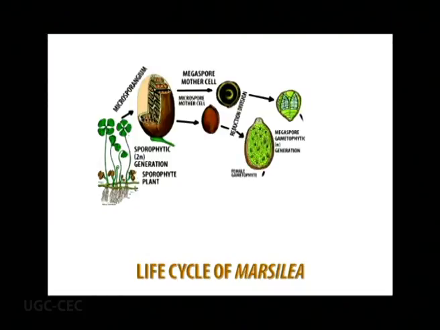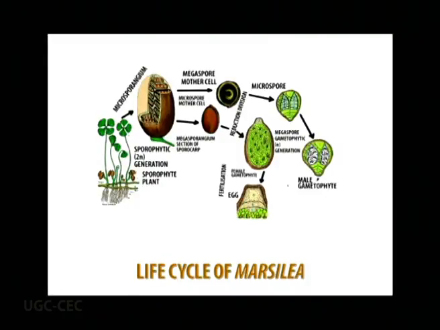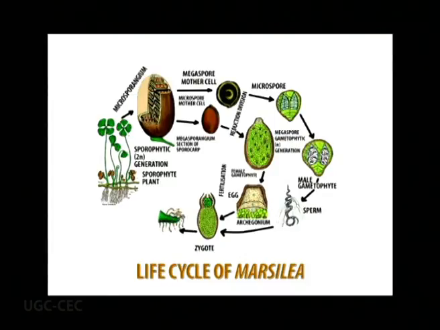They bear antheridia and archegonia, which produce antherozoids and eggs respectively. The fertilization of male and female gametes gives rise to the embryo, which ultimately develops into a sporophyte. And thus once again starts its life cycle.